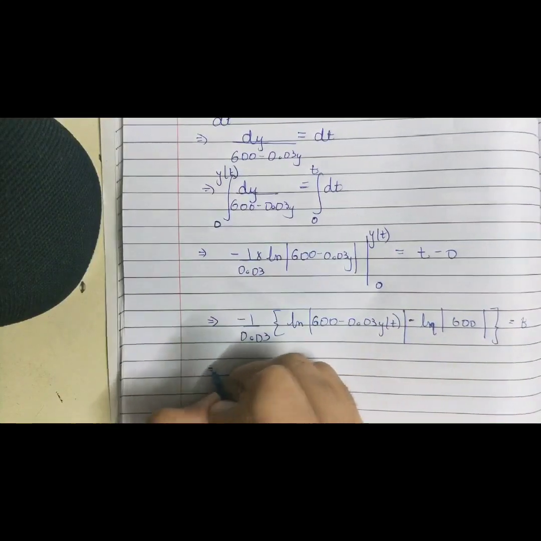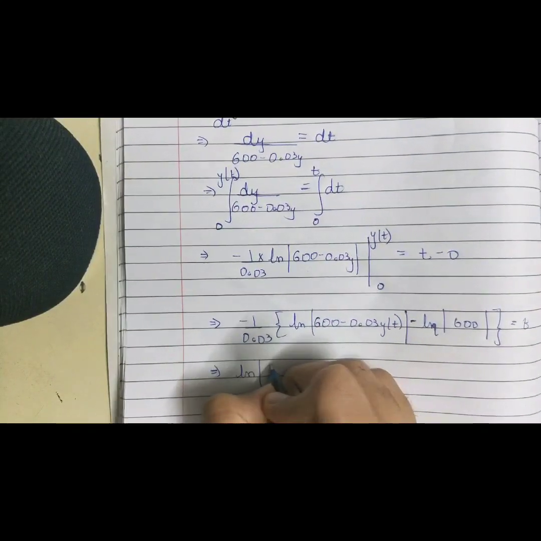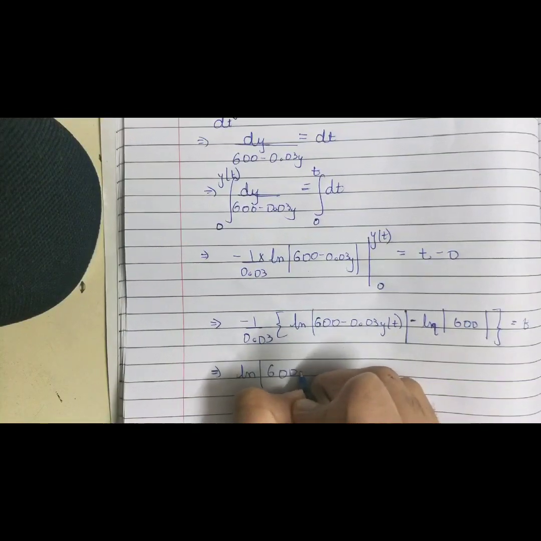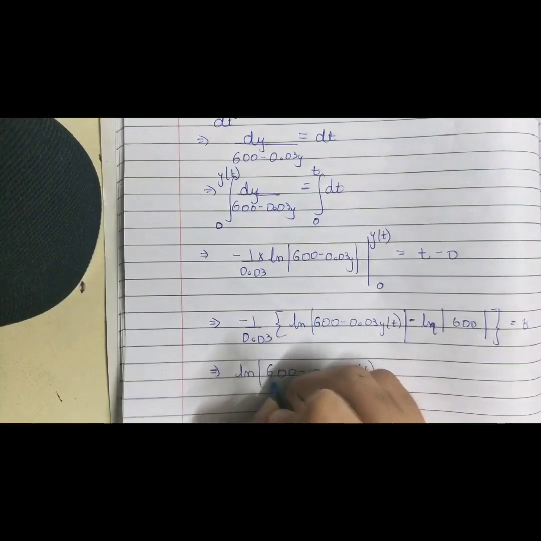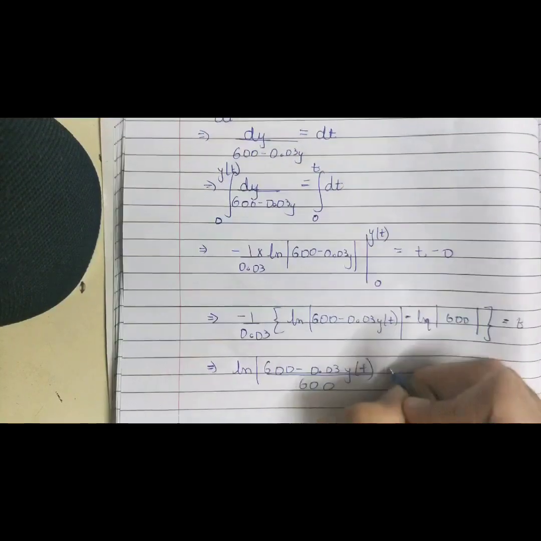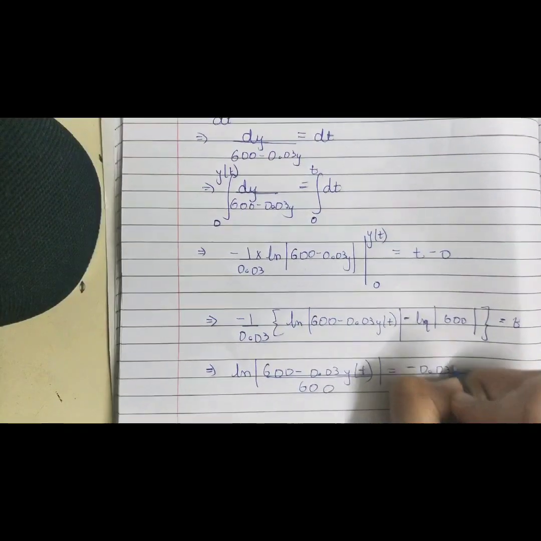So now this implies log mod 600 minus 0.03 y(t) divided by 600 can be written as minus 0.03 t.